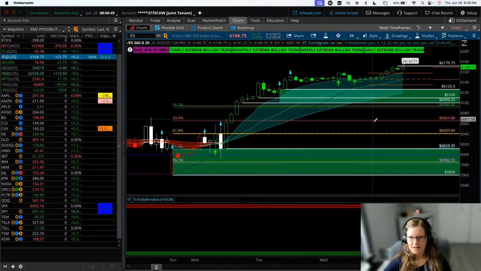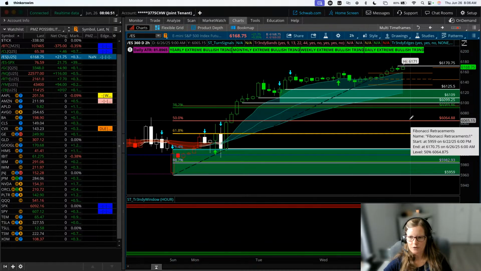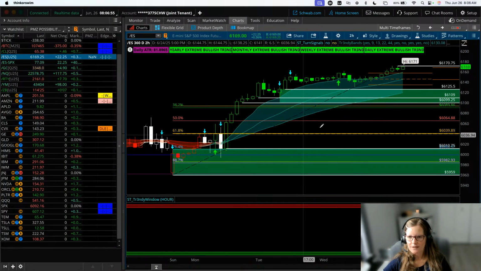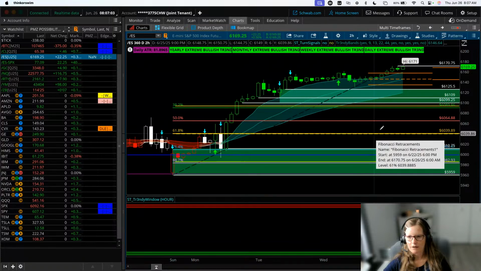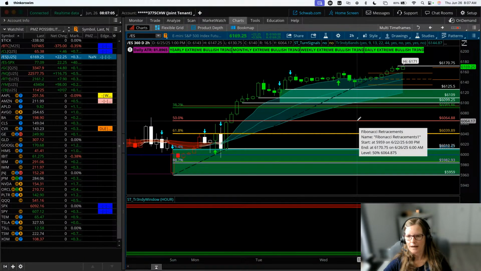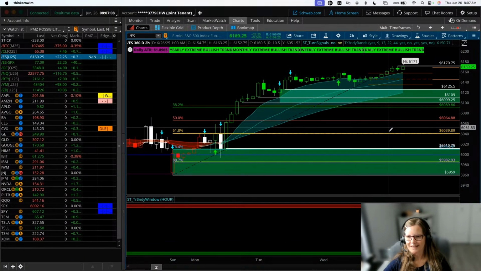But I have these other Fibonacci levels on a pullback if this zone breaks to know where potentially buyers could step in. Between the 50 and the 618, the golden pocket, this is often a place that you can find buyers. So having these fibs on here gives me an idea of where the golden pocket is at.